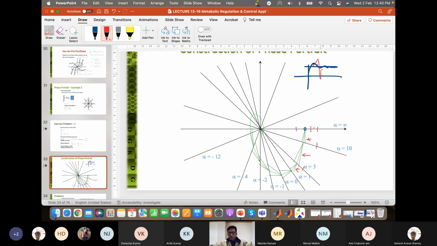Sorry, it goes outwards. It goes out like that. So that will be the unstable system.